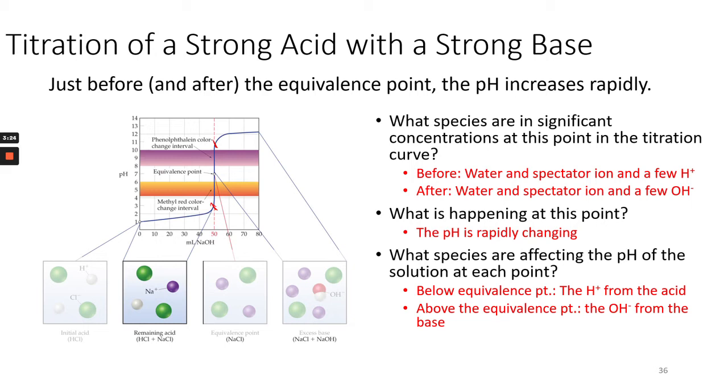Right in the middle, your H+ will equal your OH-. So what species are affecting the pH here? Below the equivalence point, the H+ from the acid is changing the pH. Above the equivalence point, it's the hydroxide from the base. Now, the pH changes drastically because you have such a small concentration of hydronium right now that just by adding a little bit of base, it will drastically change the pH.